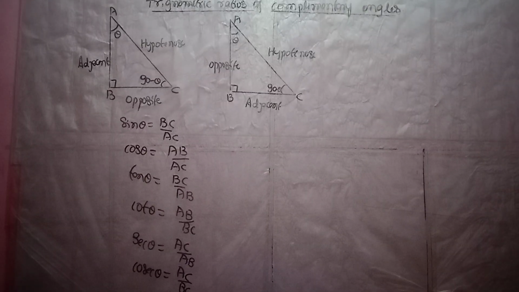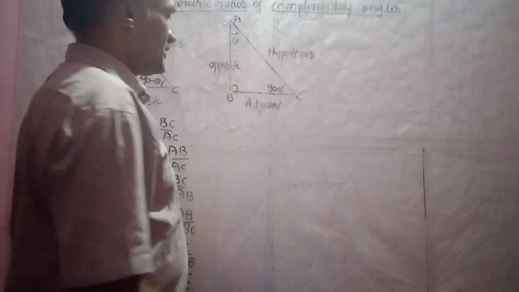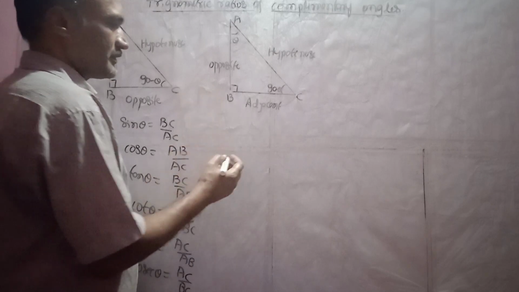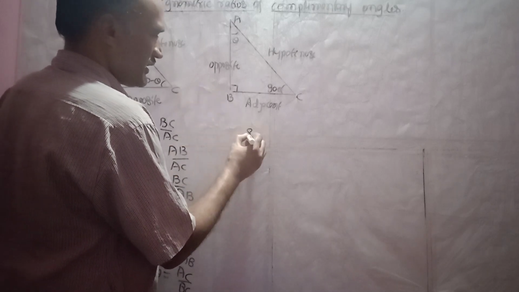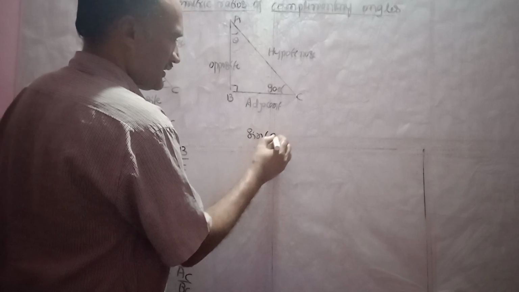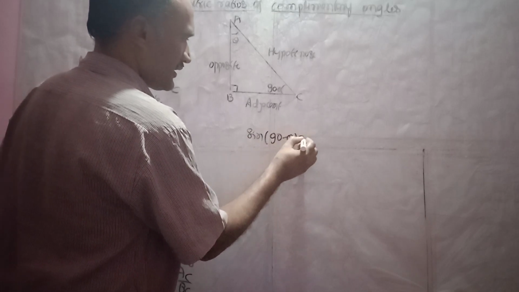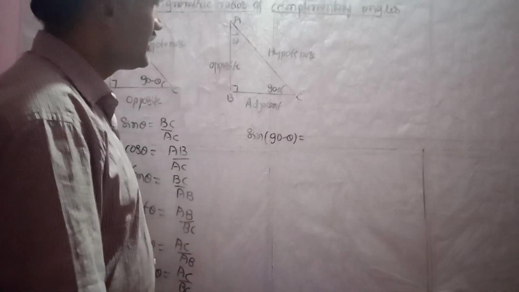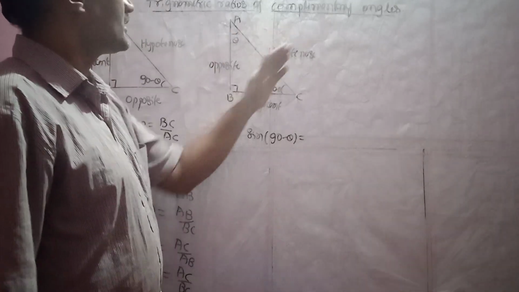Now, with respect to angle C, that is 90 minus theta, you write all six trigonometric ratios. Sin 90 minus theta: the sin ratio we know is opposite side by hypotenuse.